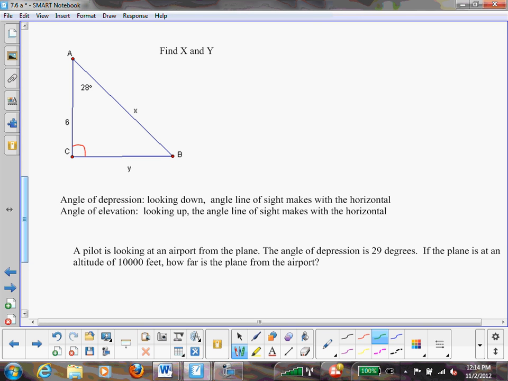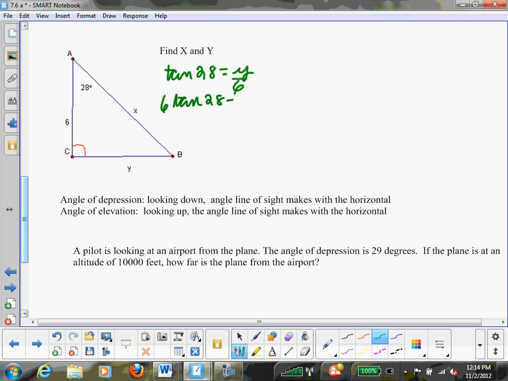All right, Hannah, tell me, which one did you find first? Tell me how you decided to find y. And so 6 tangent of 28 equals y, which left me with y to be what? Are we all good with that? Okay.